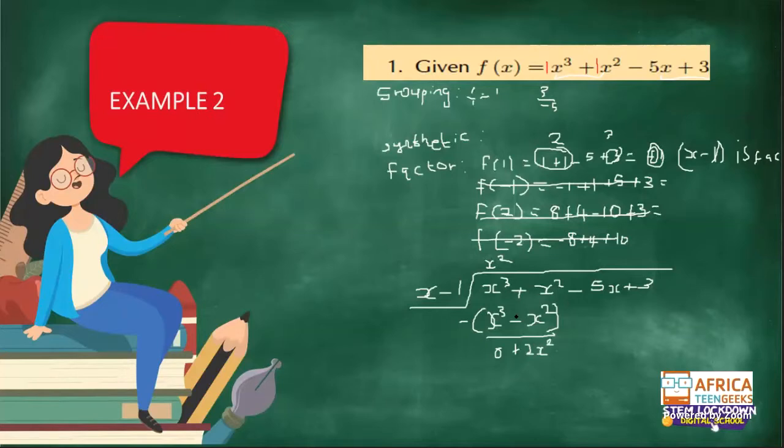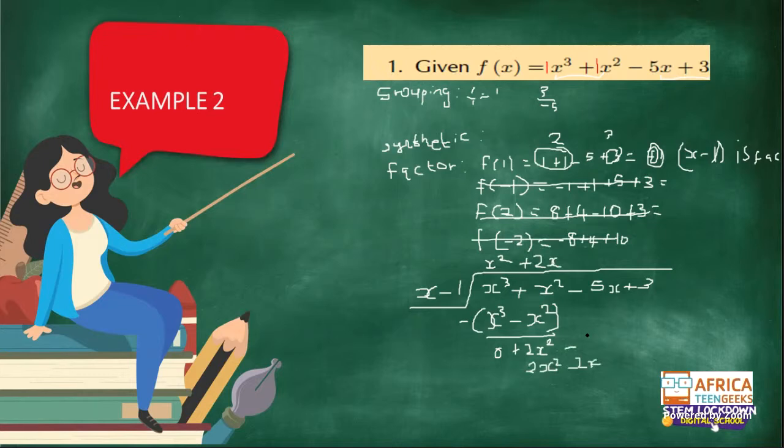And then you do the same process again. 2x squared, divide that, will be plus 2x, and then 2x times that is 2x squared, 2x times -1 minus 2x.